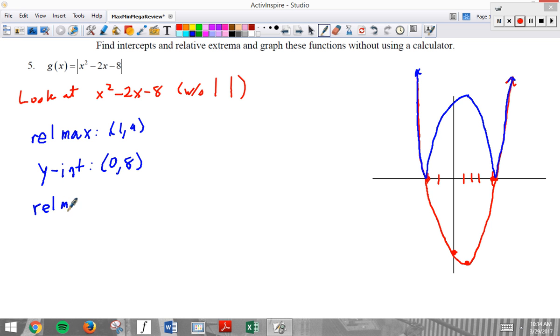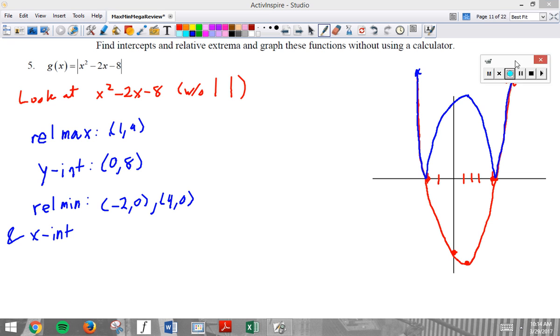I have 2 rel mins now, and they're the x-intercepts. So these are the same thing now. It's -2 comma 0 and 4 comma 0. They're both relative minima and they're both x-intercepts. That's how to do absolute value graphs really quickly.